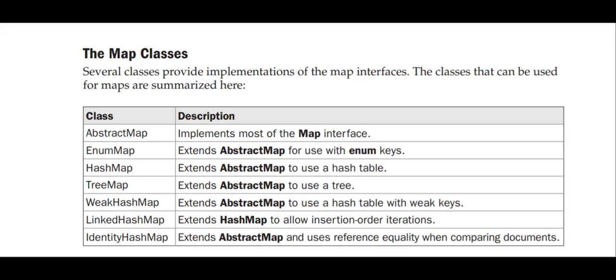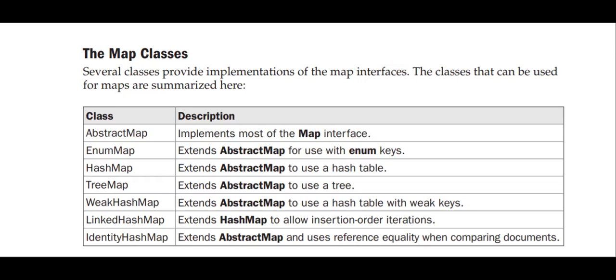Then EnumMap, this extends AbstractMap and works with enum keys. Then HashMap, again this extends AbstractMap and deals with the hash table. TreeMap, again it extends the base class, that is AbstractMap, and is used to construct a tree. WeakHashMap extends AbstractMap to use a hash table with weak keys.